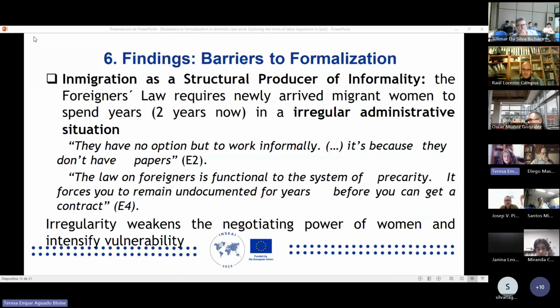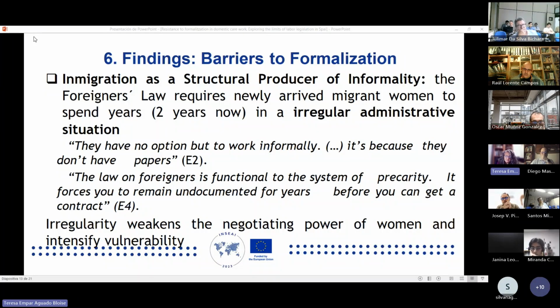Newly arrived migrant women must spend long periods, often years, in an irregular administrative situation before they can legally work. During this time, they must support themselves, repay debts, and often send remittances. Their only option is informal employment.